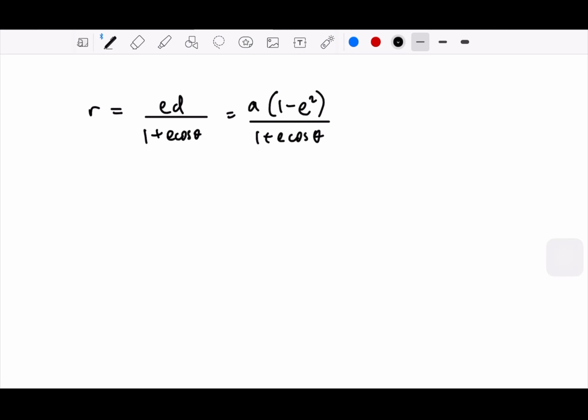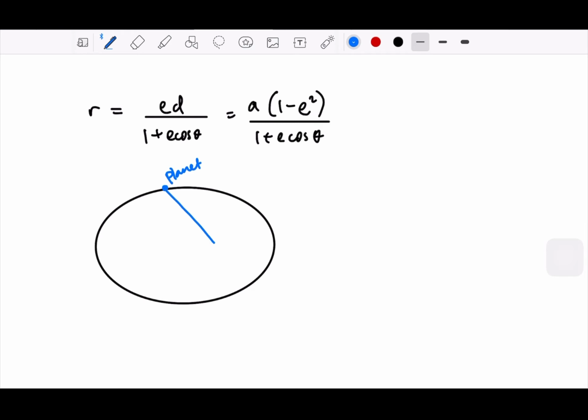So what does this mean? If I have some orbit, and this is a planet, and this is theta, and this is r. This is the center, which is the sun, and the closest distance we call the perihelion.